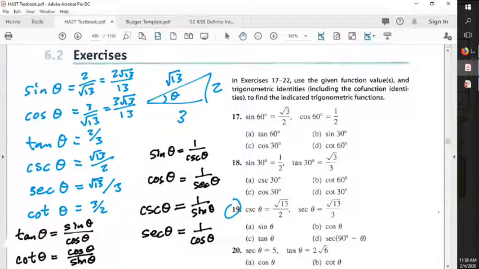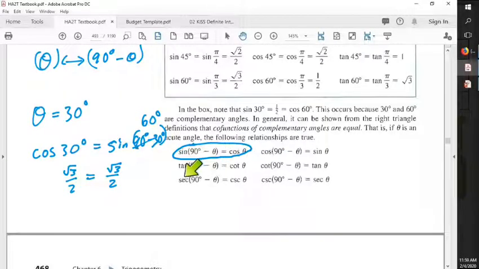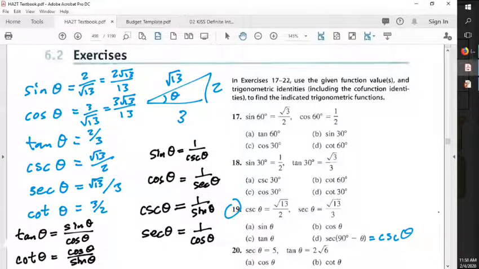Not sine, not cosine. Cosecant. So secant of 90 degrees minus theta, the complementary angles right here, equals cosecant theta. In all these identities, the sign doesn't change. That means this one equals rad 13 over 2. Yay!